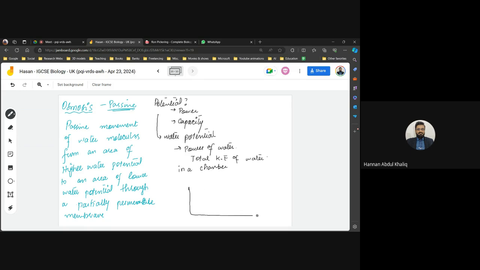Suppose that you have a large container divided by a partially permeable membrane, and the two chambers are A and B. One chamber has a lot of water molecules and the other one has fewer water molecules. Which one would you say has a high water potential?